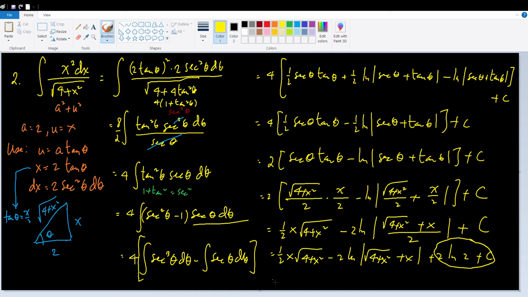So finally, our answer will be 1/2 x square root of 4 plus x squared minus 2 ln absolute value of 4 plus x squared plus x plus c. So these two will combine. 2 ln of 2 plus c will combine into a single constant c. So that is our final answer.